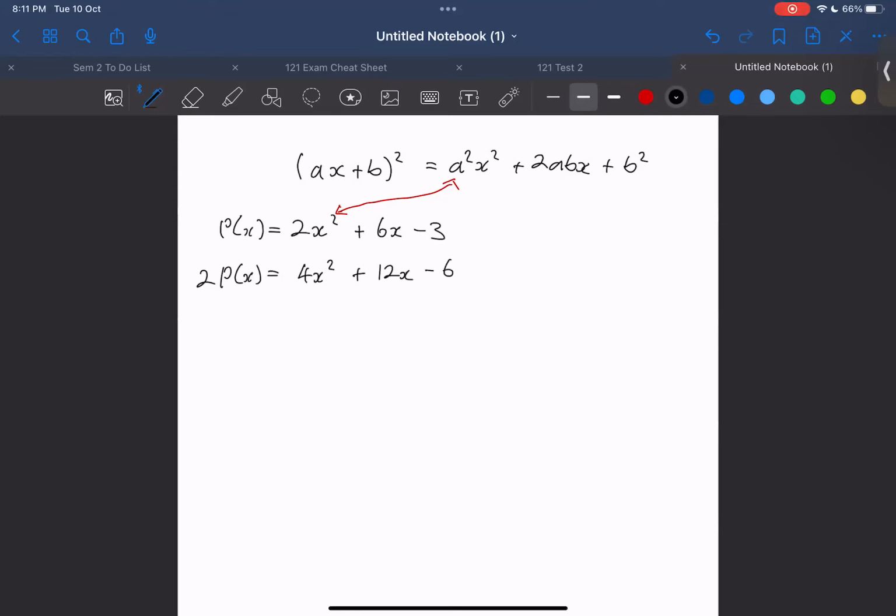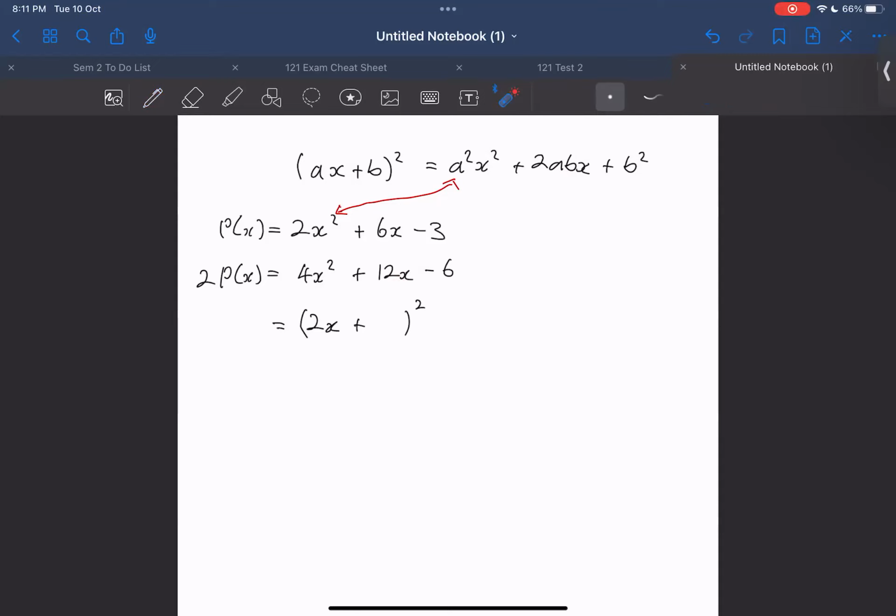Okay, so now we have the first term in the form a squared x squared, and we can write it as 2x plus, and we still have to figure out b. So we go to the next one, 2ab, right? 2abx. We want to match it up with 12x.